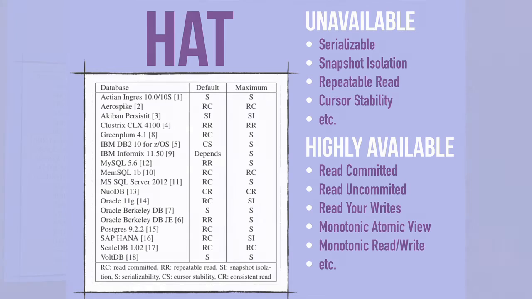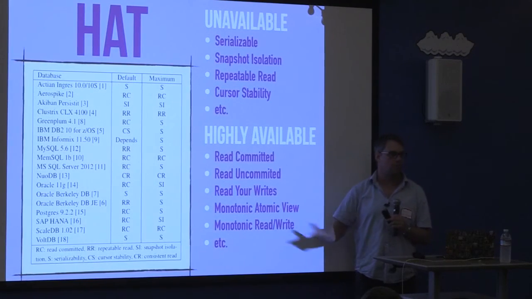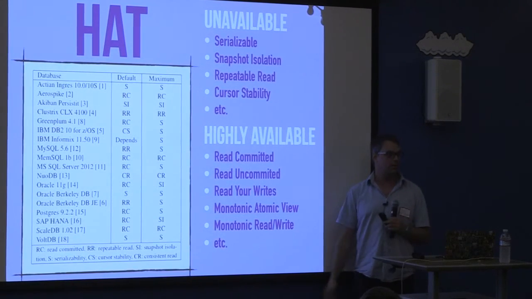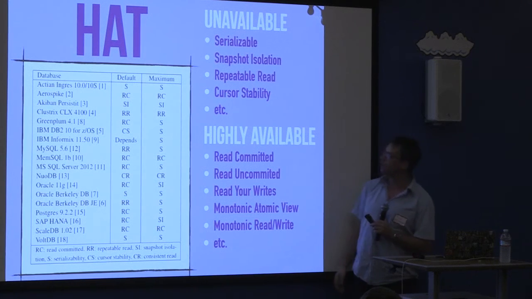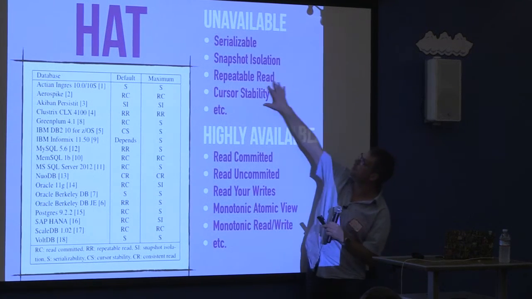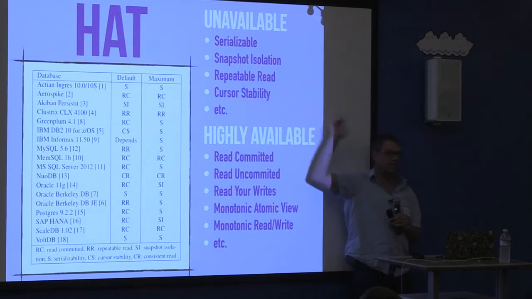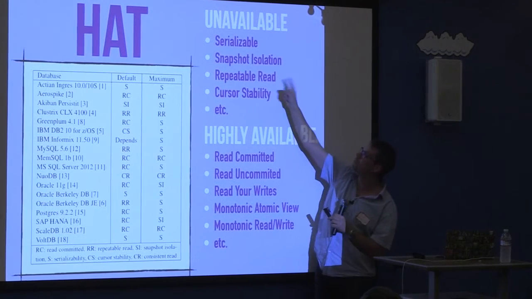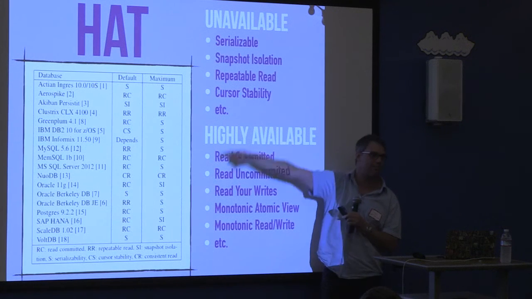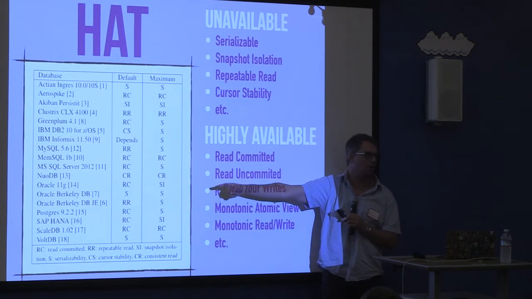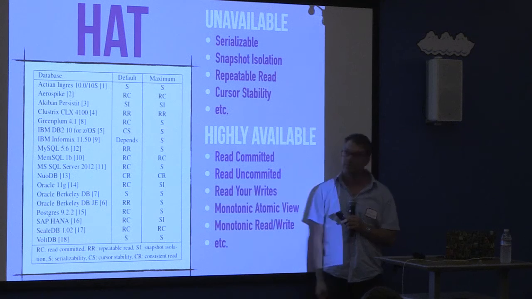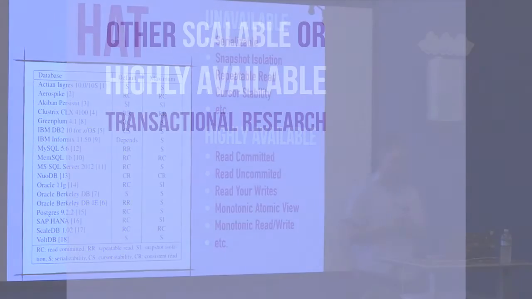So you can give the same guarantees as Oracle and scale out while being fully highly available. Some of the ones that are unavailable are serializable, for example. Because if serializable was possible to be highly available, then the CAP theorem would be wrong, right? So it's an interesting paper to read.